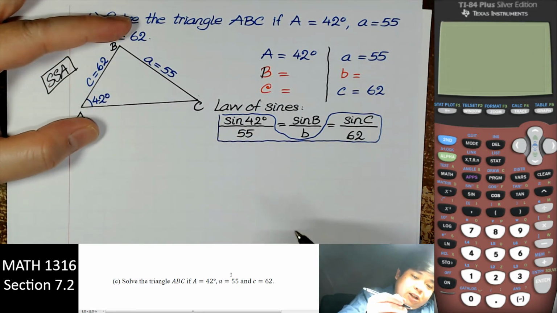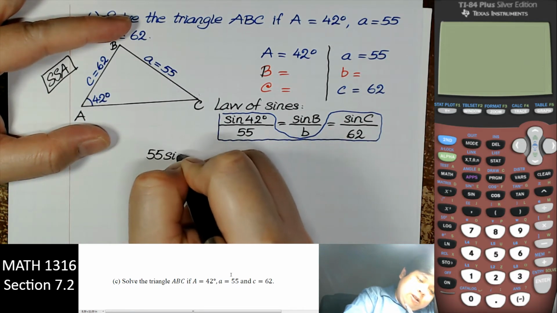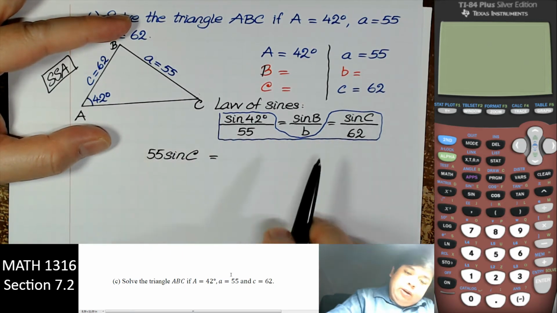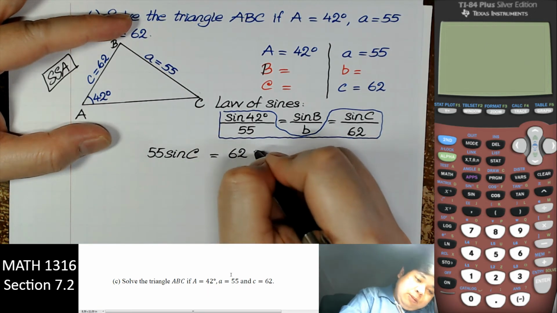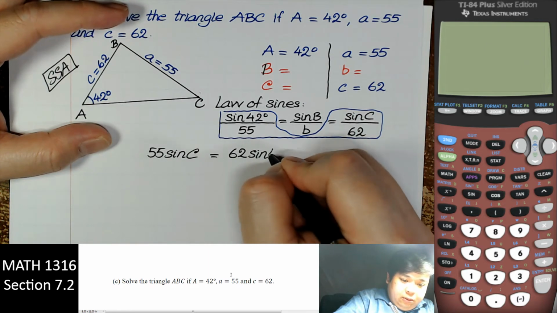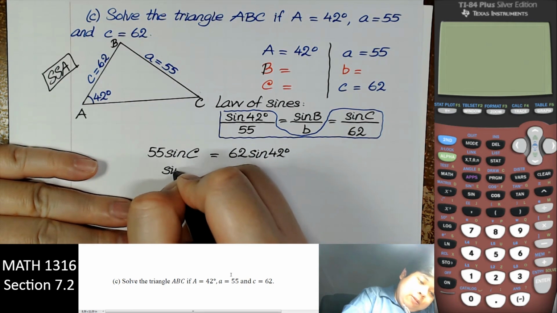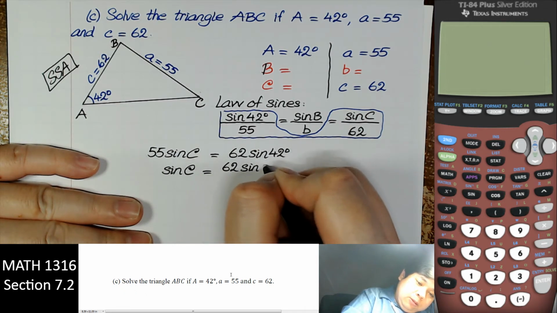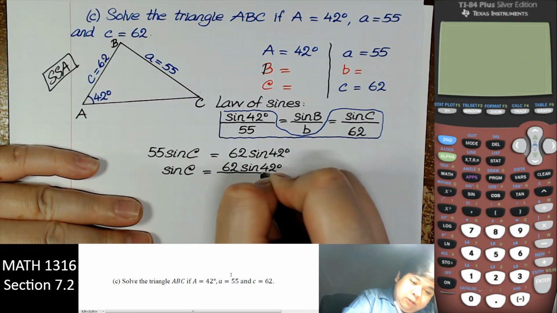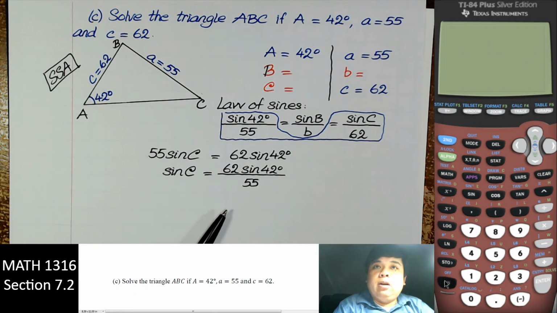Cross multiply: 55 sine C equals 62 times sine 42. So to solve for C, degree mode, yep.